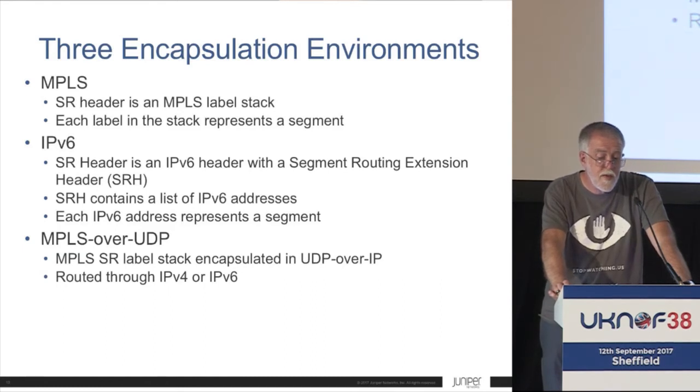And the approach there is to define a new routing extension header and fill that with a list of IPv6 addresses where each address is a segment identifier. And then the third approach is to build the MPLS segment routing label stack and encapsulate over UDP. And that allows us to route this through an IPv6 or an IPv4 network.